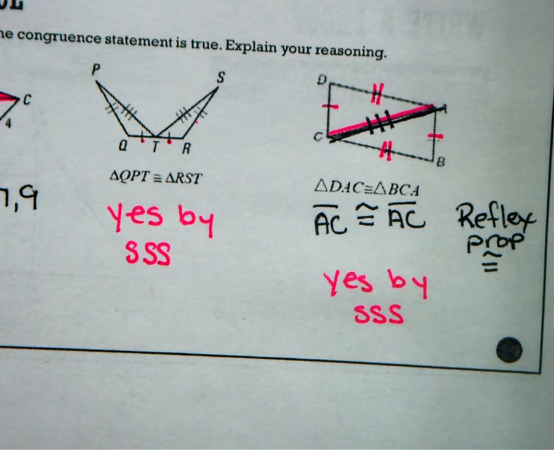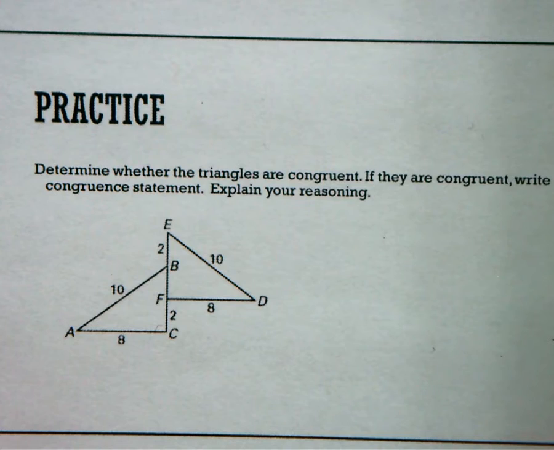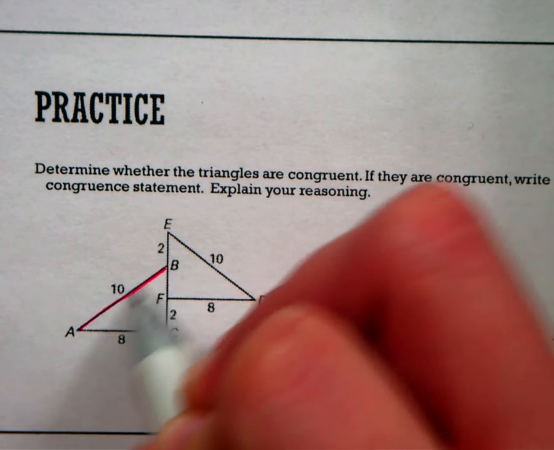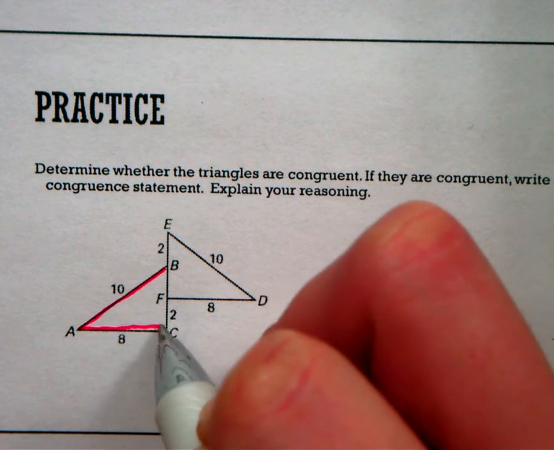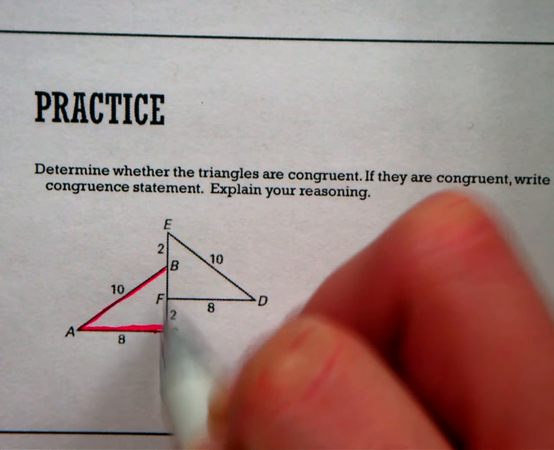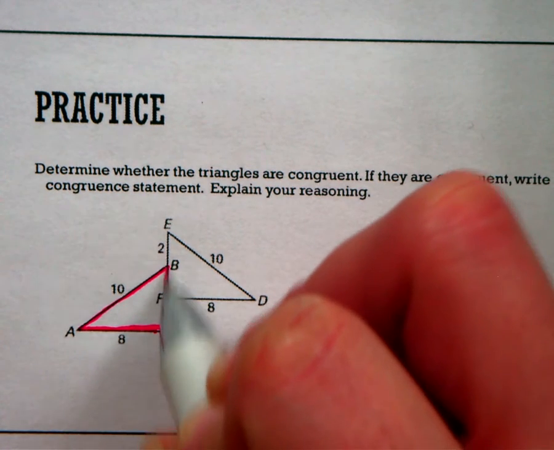Okay. If I was using a little bit more of a complicated picture, so we've got one more. The picture is just a little bit crazier. 8 and 2, not quite 2 because it's 2 plus this little bit.